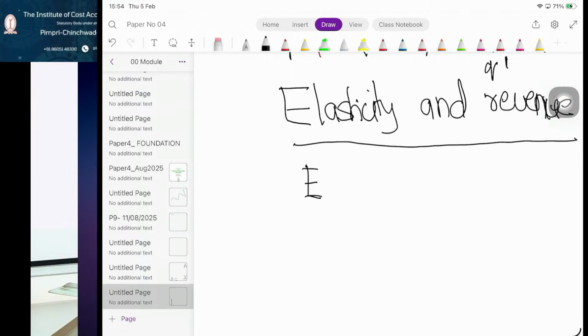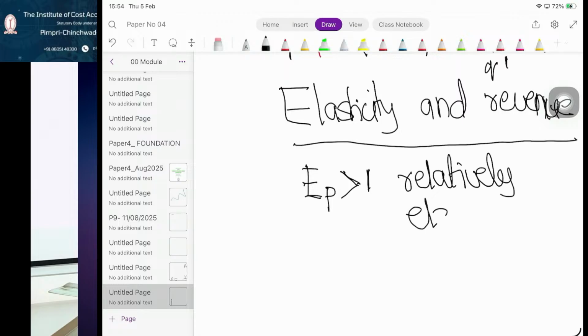Now just remember one thing: demand is relatively elastic.